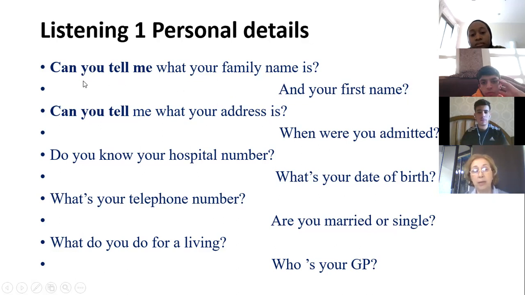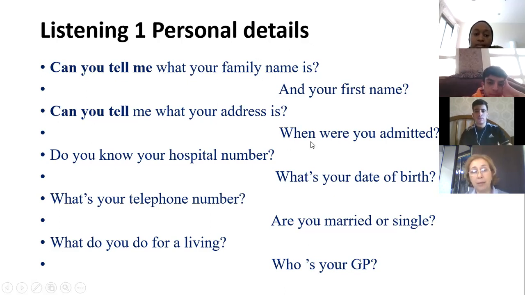So you can see that this is a complex sentence and it consists of two parts. The question mark, which is used at the end of the sentence, is for the first part of the sentence. Can you tell me? This is the question. And in the second part, there is another question.